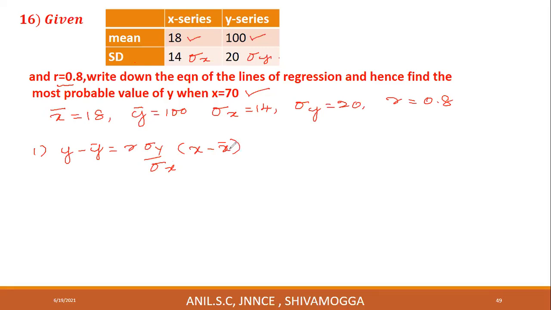First line of regression. Y minus y bar, y bar is 100, is equal to r, which is 0.8, into sigma y, which is 20, divided by sigma x, which is 14, into x minus x bar. X bar is 18. Rest you can calculate.